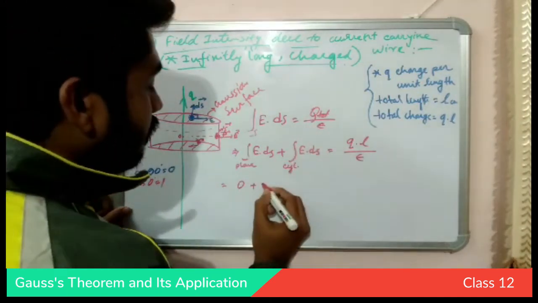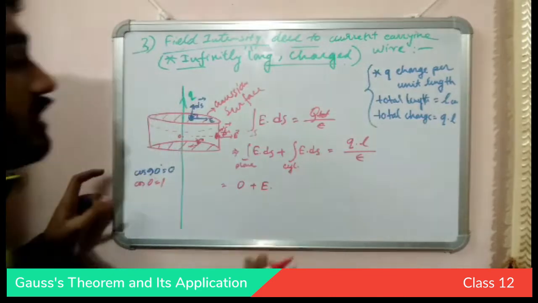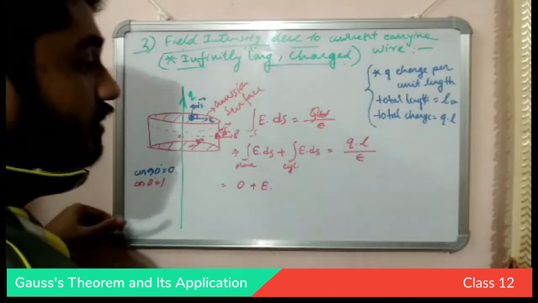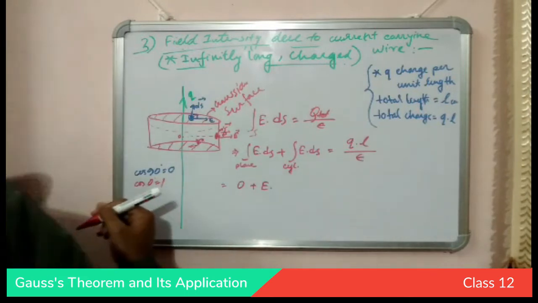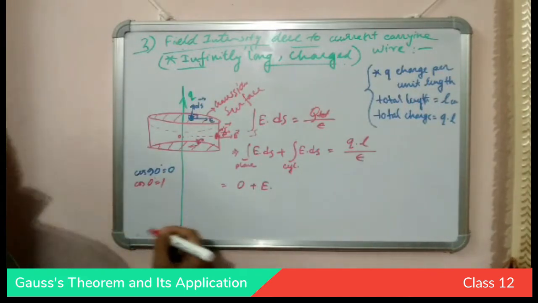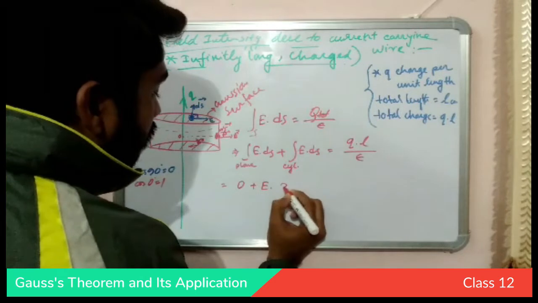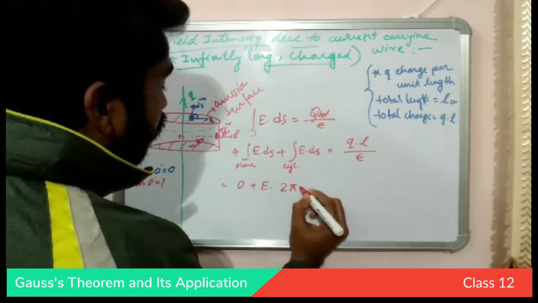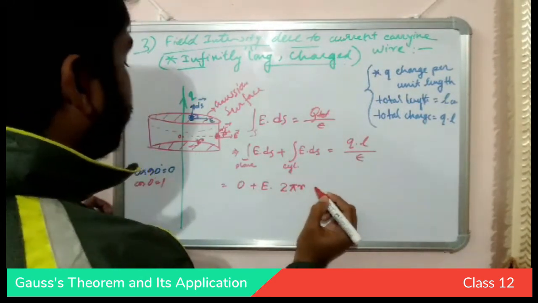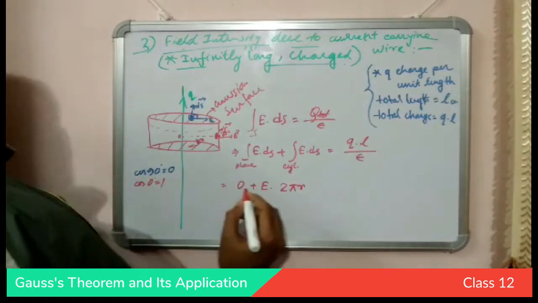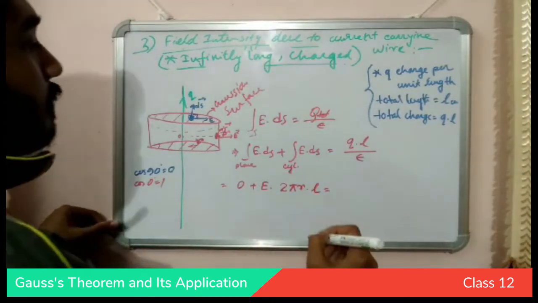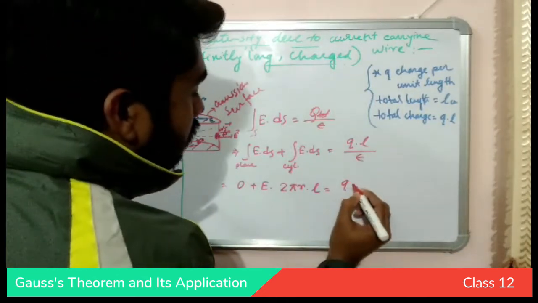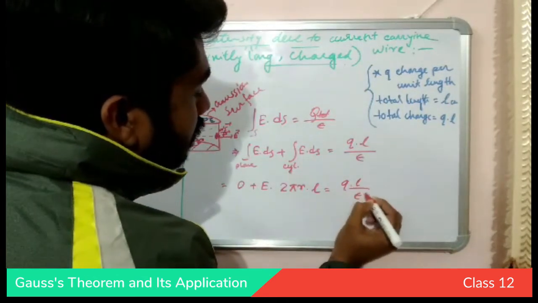So this will become E dot ds, and ds is the surface area of the cylinder, that is 2 pi r into L, where L is the length of the wire, is equal to lambda L by epsilon.